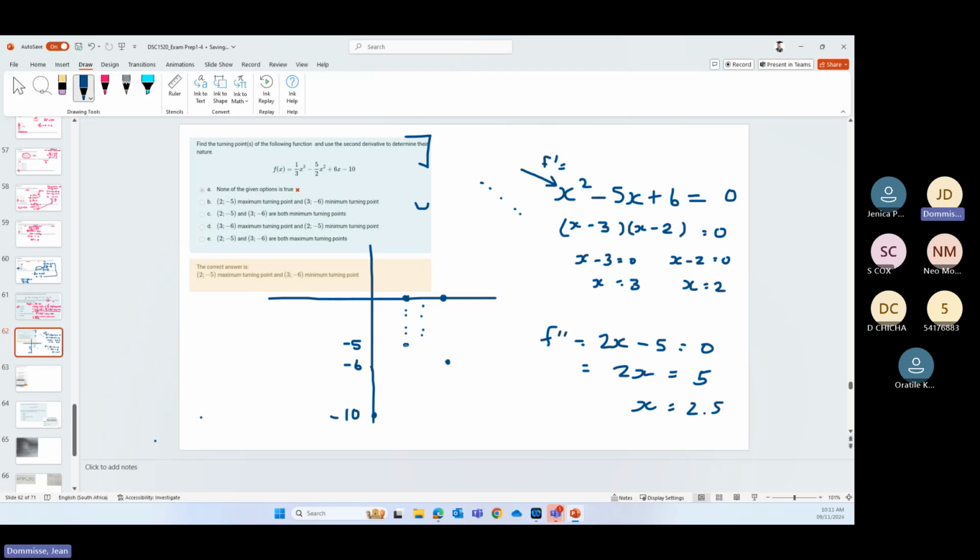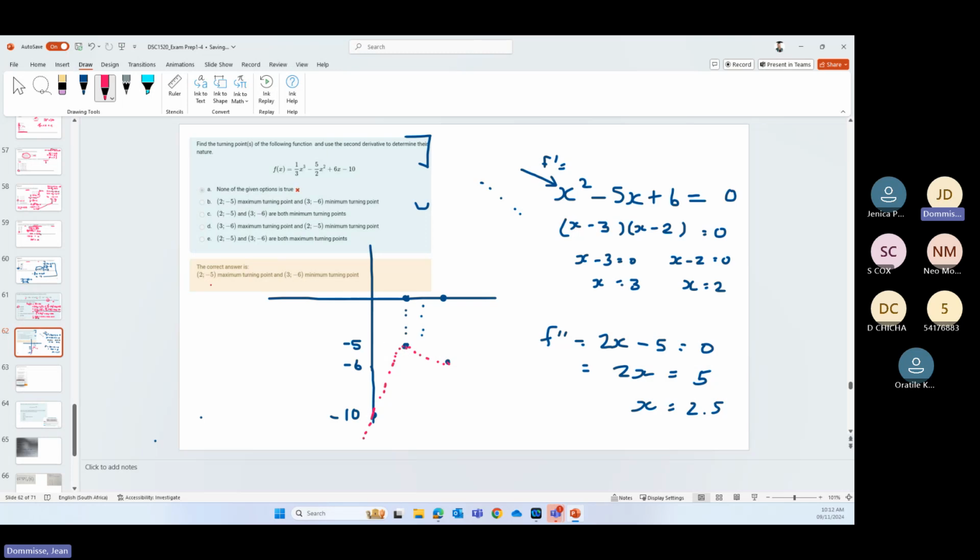It needs to connect to this point, and that point needs to connect to that one. There we have that one as your turning point.